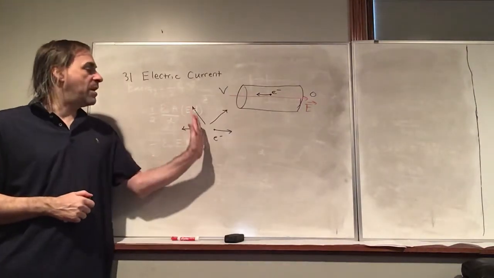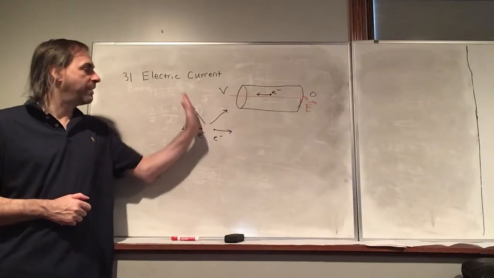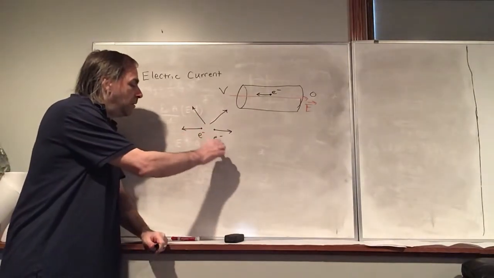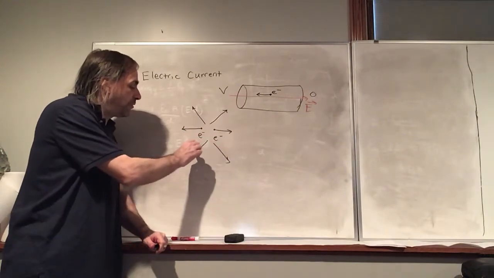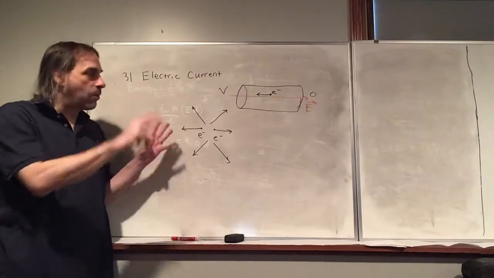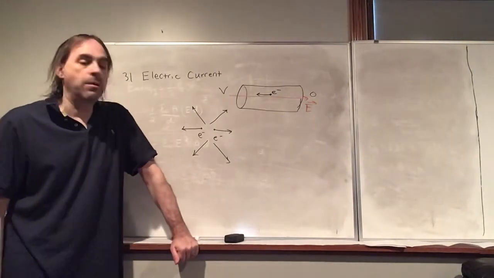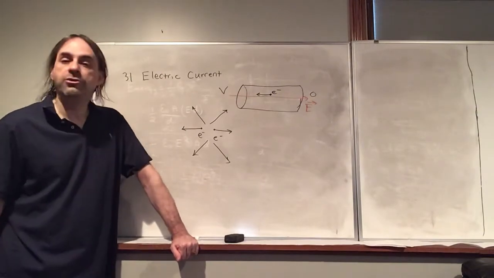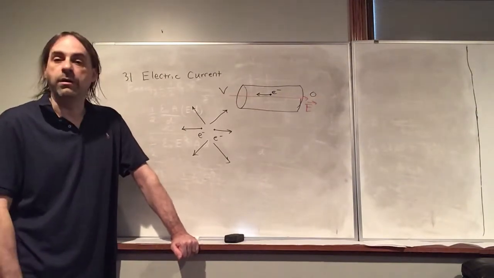If you have a large number, for every one going this way, you'll have one going the exact opposite direction as well. So overall, the electrons are just moving around in a completely random fashion, and there's no net flow of charge from one end to the other.